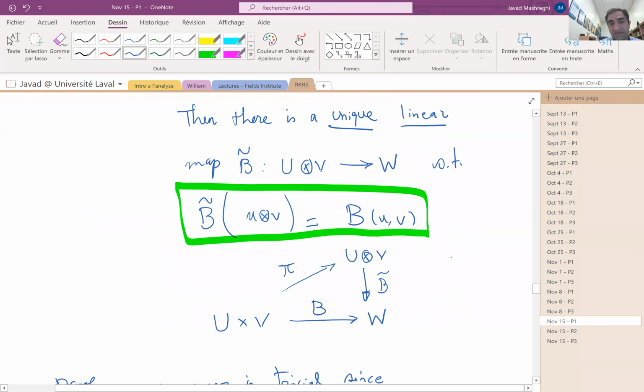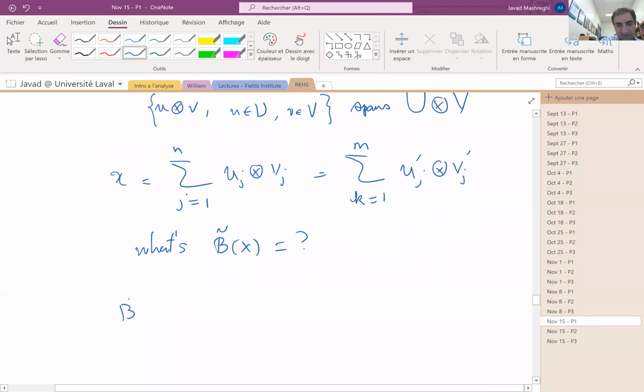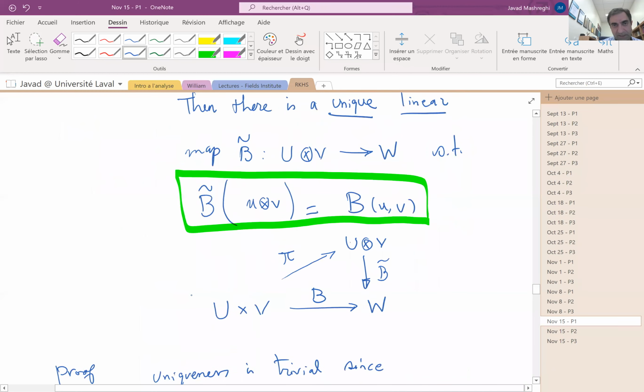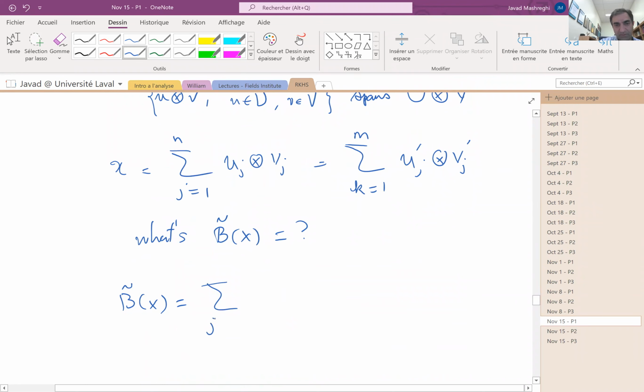And then what is B tilde of X? Well, B tilde of X, if we just say that let's define B tilde by this formula, is given by the summation of B of uj vj, j from 1 up to n, and also by the summation of B of uj prime vj prime, j from 1 to m.